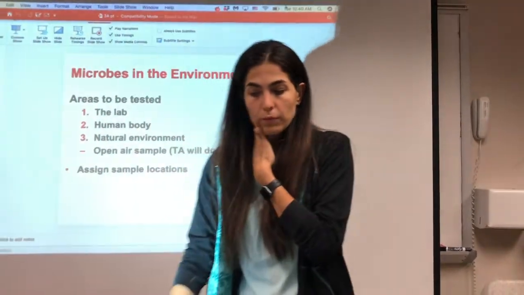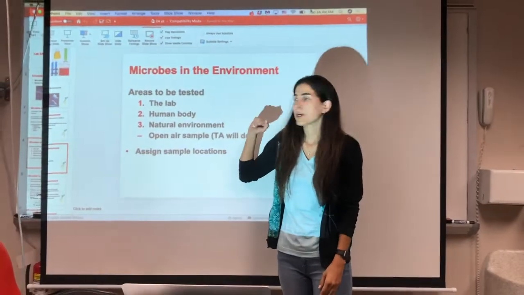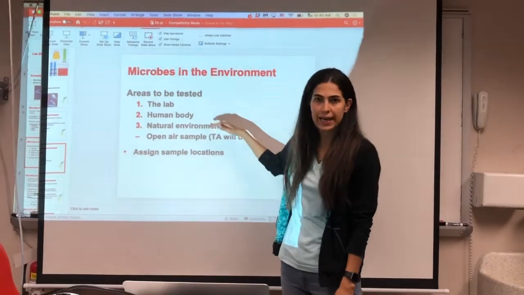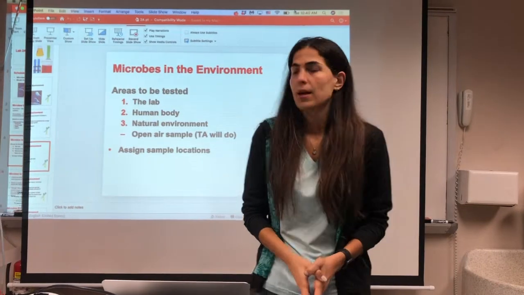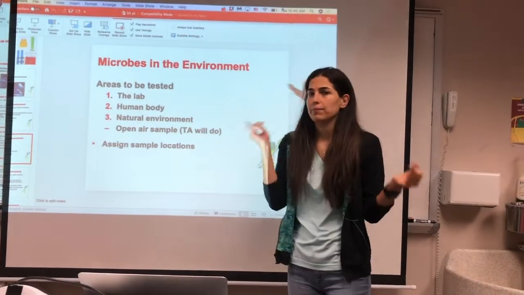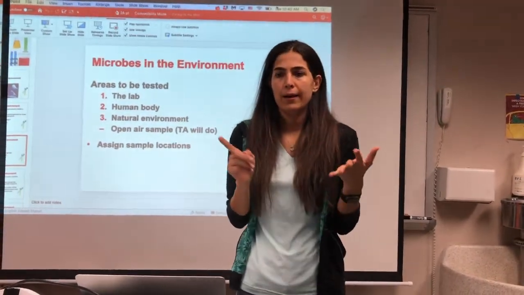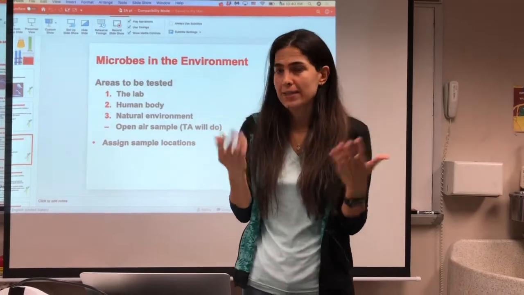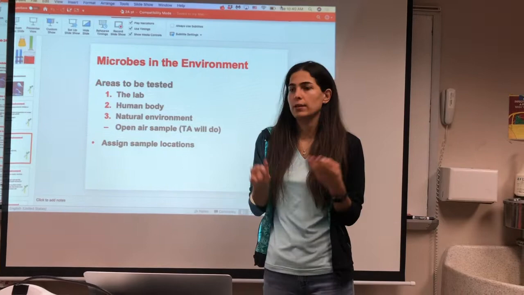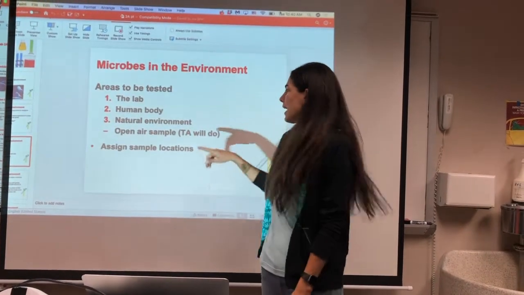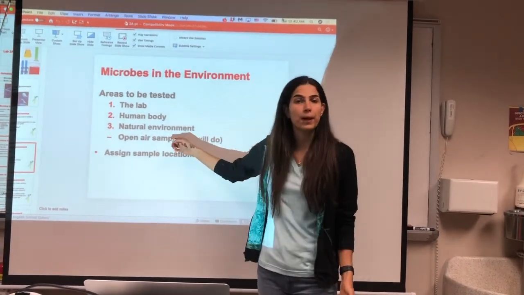For today, we are going to test 4 different areas in order to show that microbes are everywhere: the microbes in the lab, in the human body, even on our face, in a natural environment, for example the soil, the trees, the leaves, and even in open air.